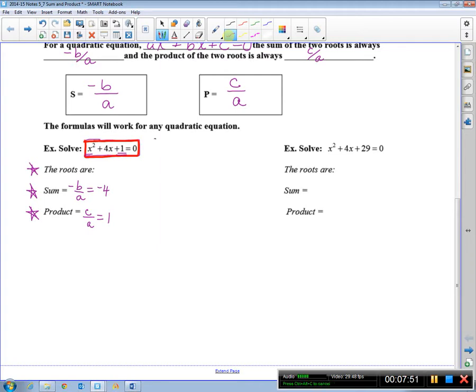Solving this quadratic equation, I'm going to use the quadratic formula. X equals -b plus or minus square root b squared minus 4 times a times c all over 2 times a. Let's go through and solve this quadratic. This is old stuff.